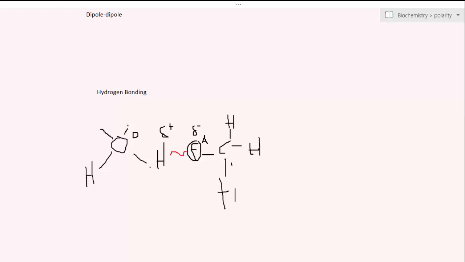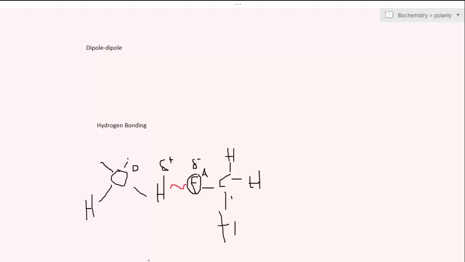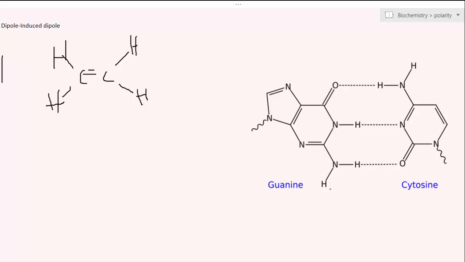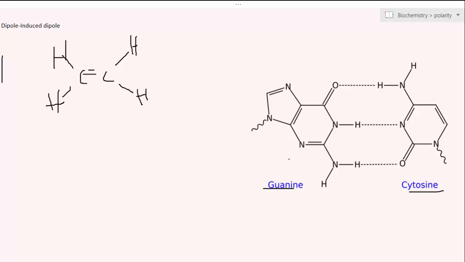Hydrogen bonds are essential to keep the two strands of DNA from separation and are essential in many proteins. Let's look at a picture from Wikipedia for two nitrogenous bases, guanine and cytosine. They are bonded by hydrogen bonds between them, and each one is in a different strand of DNA.